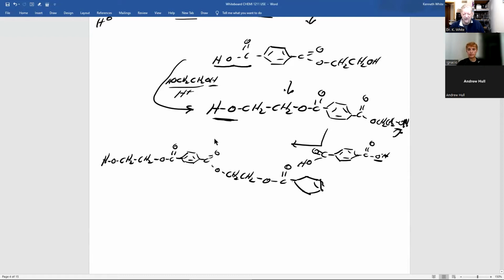My benzene ring looks awful, sorry. This new molecule. Now, if you have more terephthalic acid, this will react to make an ester.